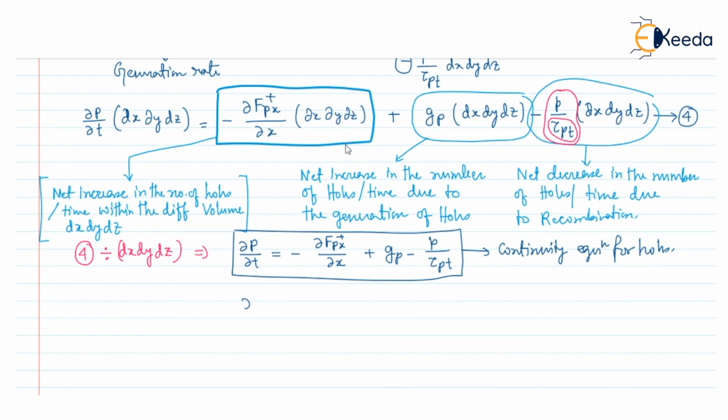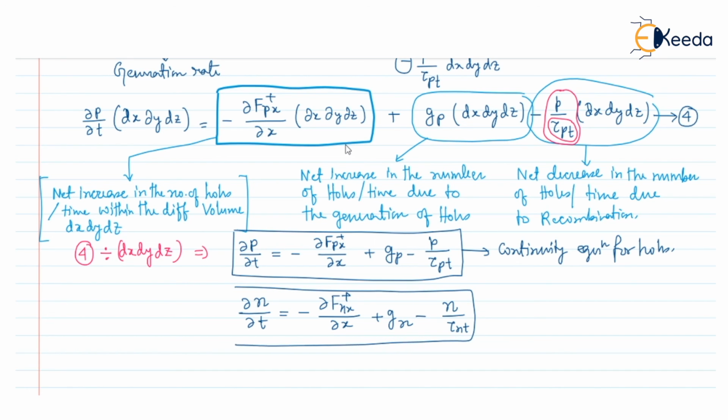Similarly, we can find the continuity equation for the electrons, and it will be written as del n by del t equals minus del Fnx plus by del x plus Gn, that is the generation rate of the electrons, minus the recombination rate n by tau nt, where tau nt is the recombination lifetime of electrons.